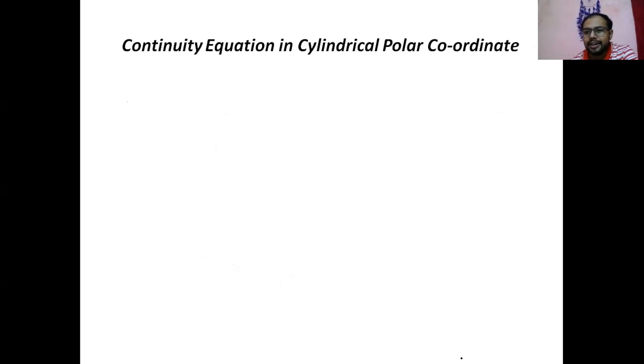In the case of the cylindrical polar coordinate, I just give you the sense, nothing else. The control volume approach you can do through this. I am just giving you some clue about this control volume approach. Why is it important? Because this cylindrical polar coordinate continuity equation has enormous application in different places.